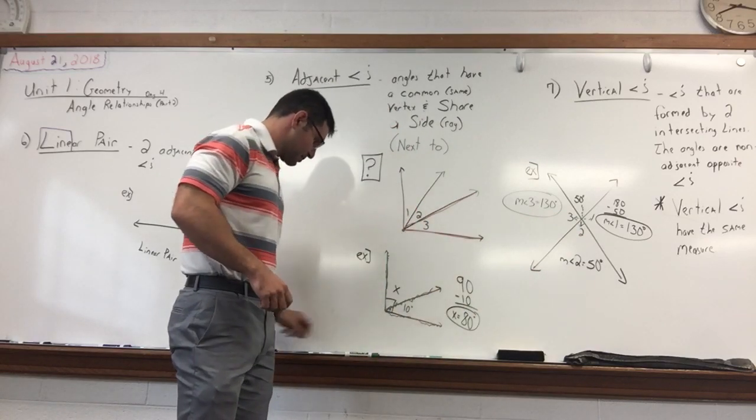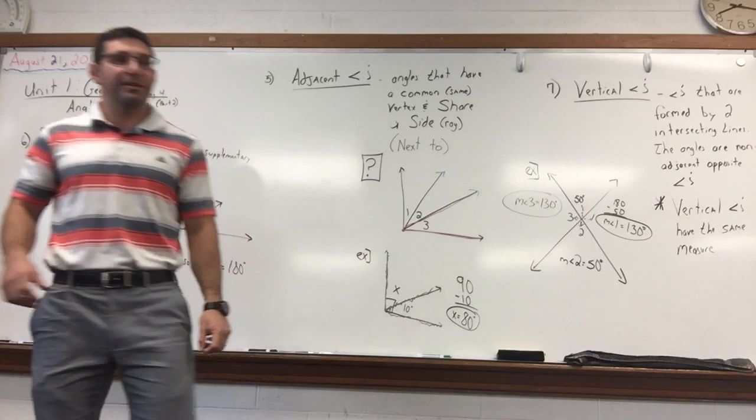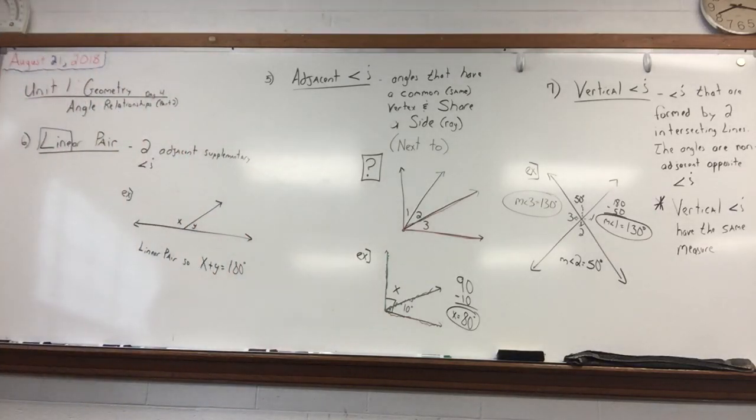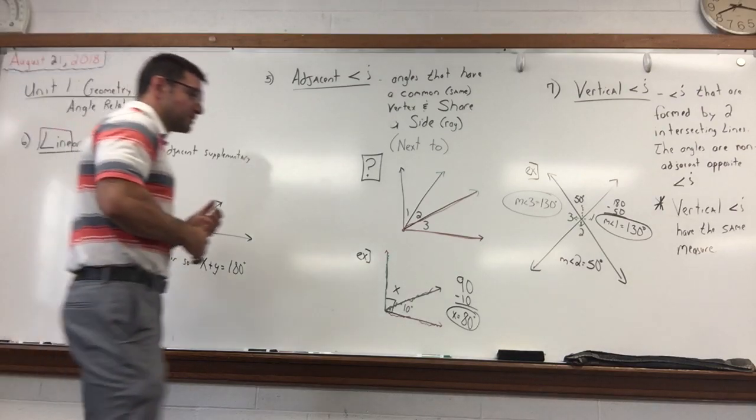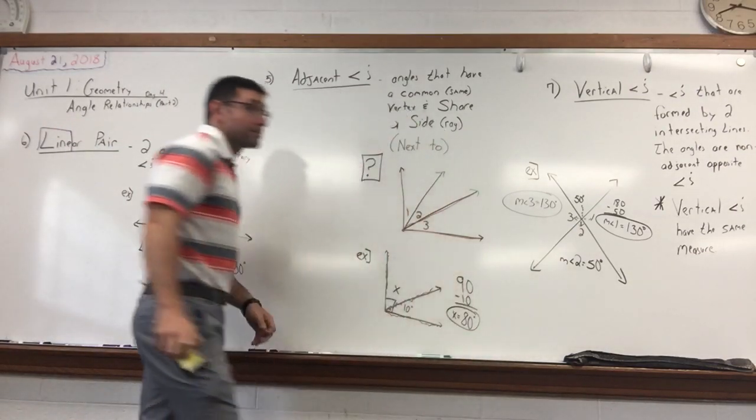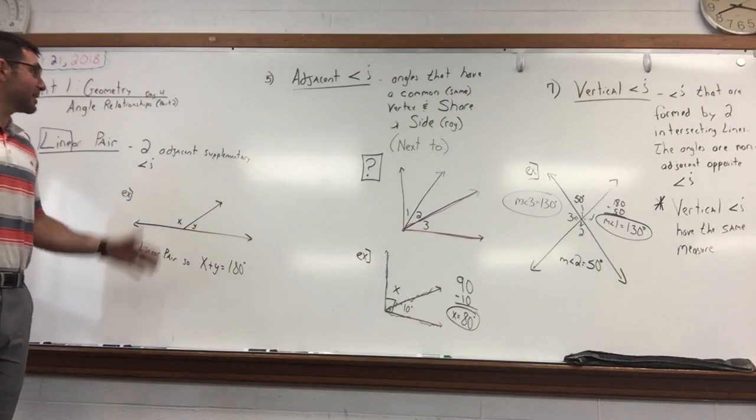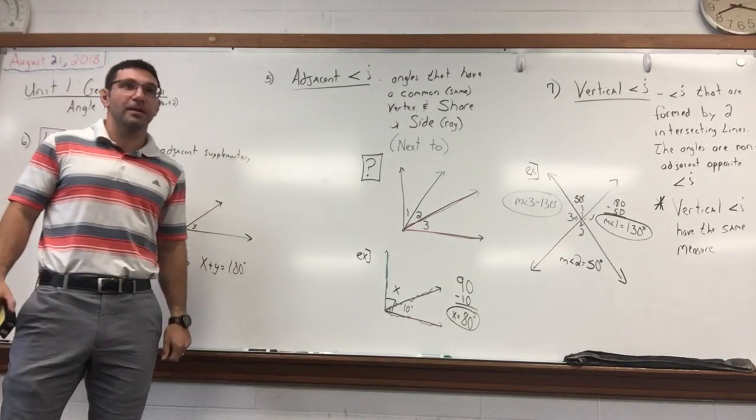Good question. I'm going to give you a minute to copy this down. Make sure you've got this. Then I'm going to put one example in your video, and then you're going to be free to go. And the first example is going to be tough. Do we at least have linear pair and adjacent angles copied down?